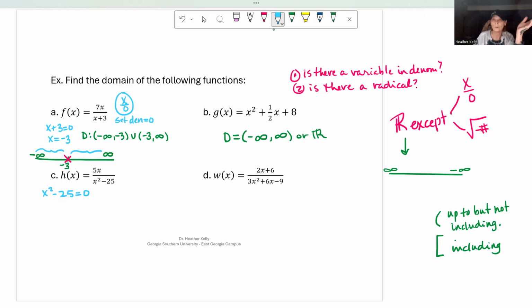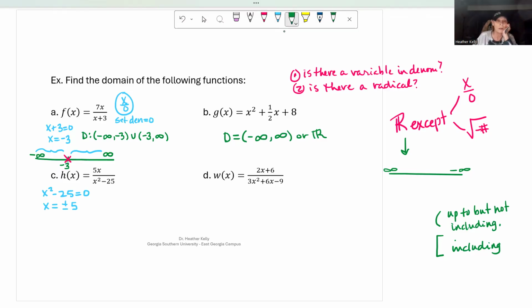Okay, now we could use the square root property here, or we could recognize that this is the difference of squares and just whip it out. This is x is equal to plus or minus 5, right? So that means that 5 is bad and negative 5 is bad.